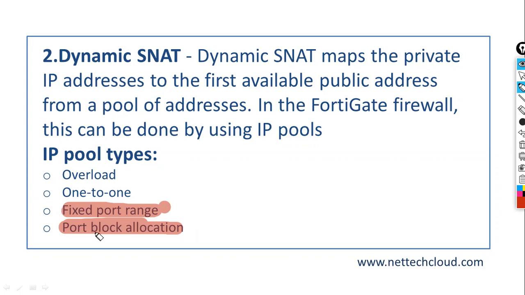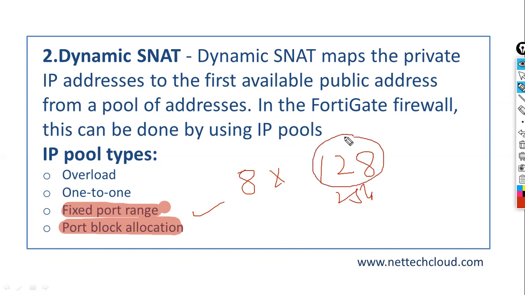Very similar to fixed port range, we have another option, port block allocation. Here we mention, for example, that per user there should be 8 blocks and each block can have 128 or maybe 256 ports. It is configurable, and by default it is 128, so 128 ports in each block. If we assign 8 blocks per IP or per user, that means for a single IP there would be a total of 1024 ports, I believe.